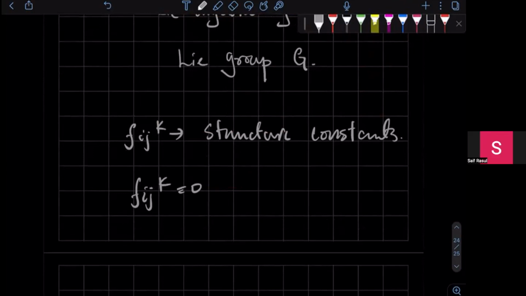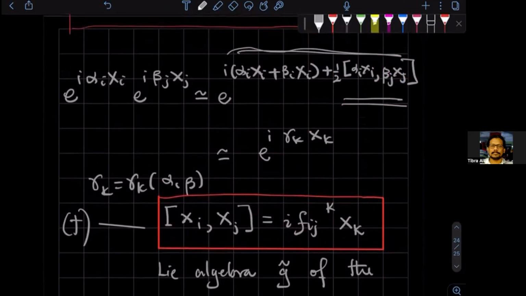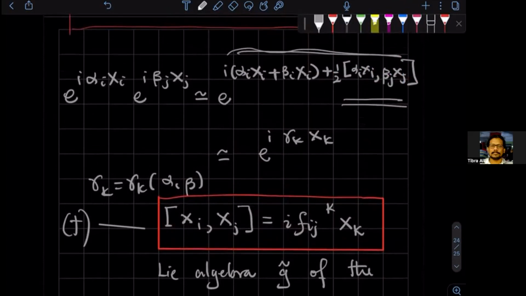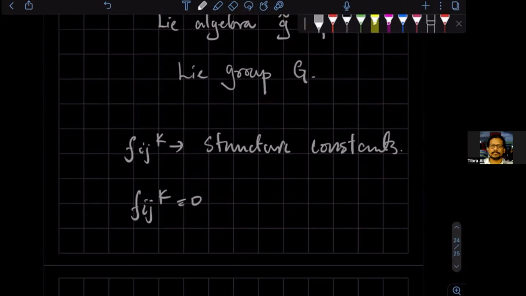They are essentially telling you how the generators interact around the identity element. In some sense, they contain the seed of the group multiplication table for the Lie group. So yeah, they're called structure constants.